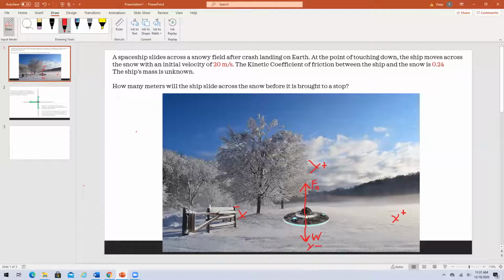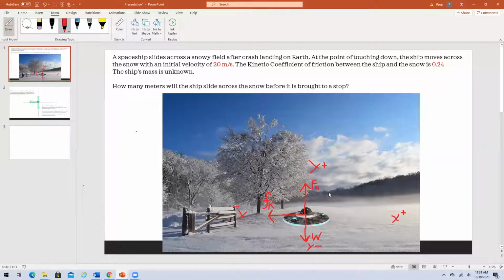We know that there is a force vector opposing the direction of movement, and so we'll call that our kinetic frictional force, or our Fk.